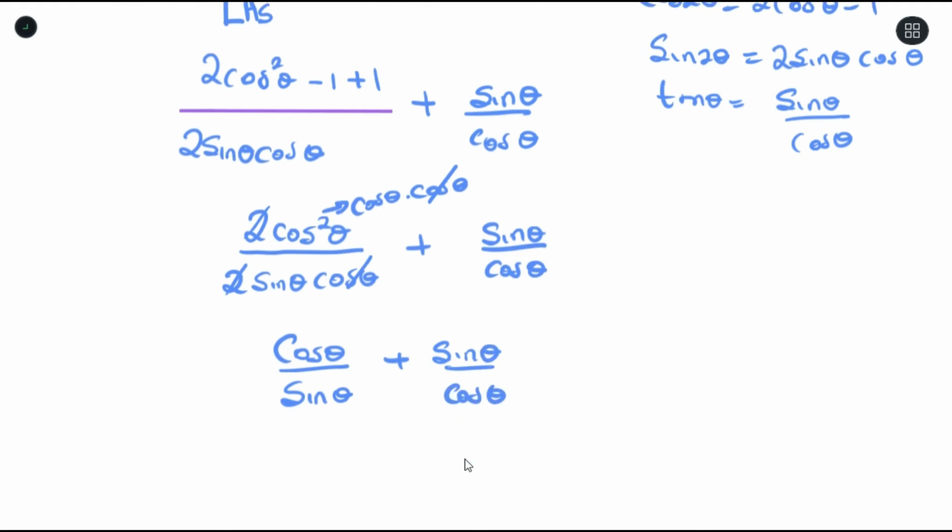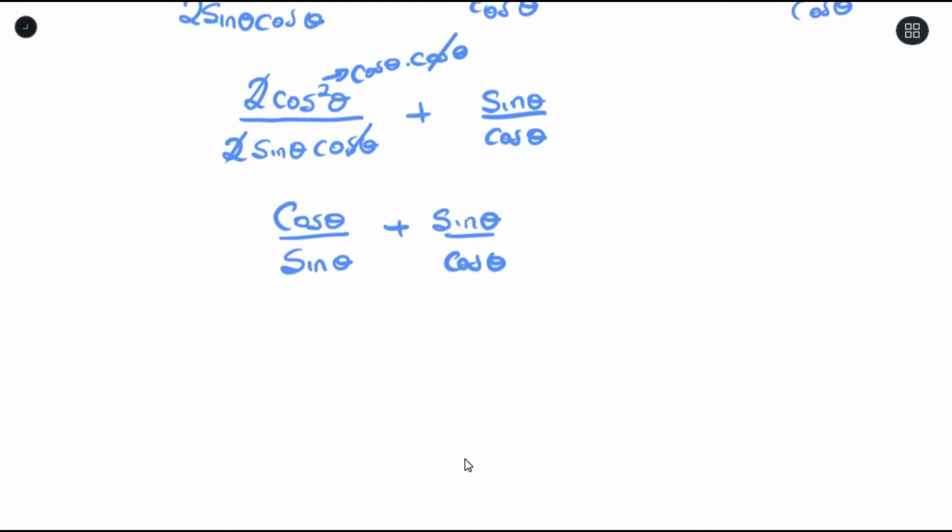Okay? Then since this is a fraction, we can calculate our LCD and simplify it. The LCD for this fraction would be sine theta cos theta. In the numerator here, you have cos square theta, and in this other numerator, you're going to have sine square theta.